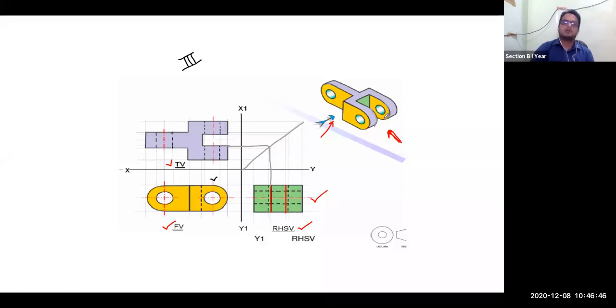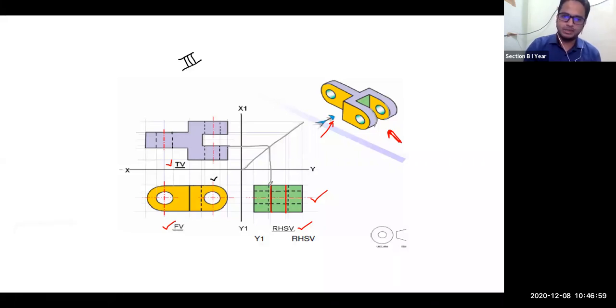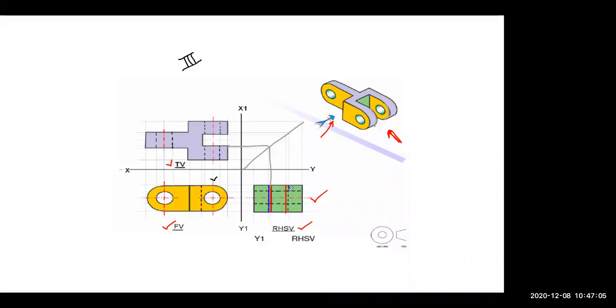Now, just next to that red line, there is one hidden line. What is that hidden line representing? Here, that hidden line I am highlighting in blue color. Which corners?